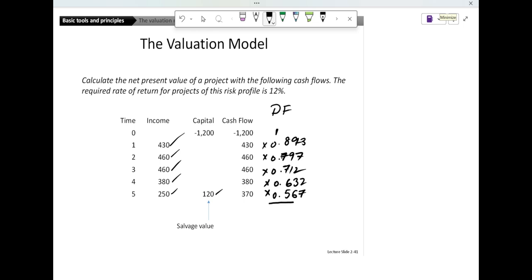I now need to multiply and add them down. So I can write them over here. It is 1200. So 1200 is negative because that's the cash outflow.